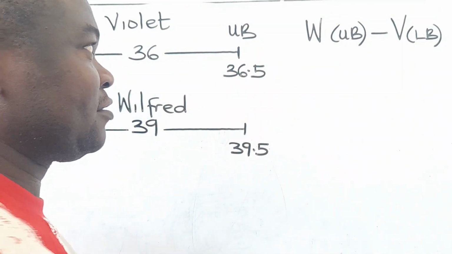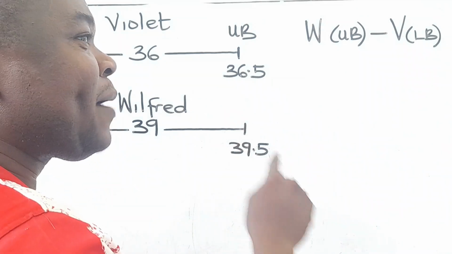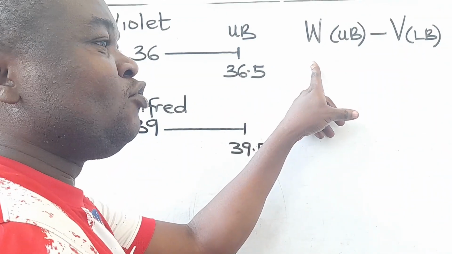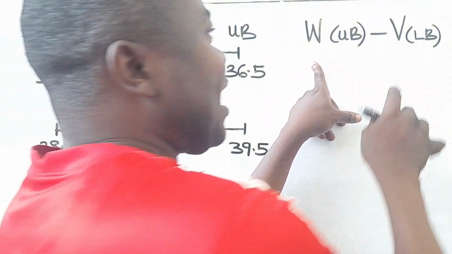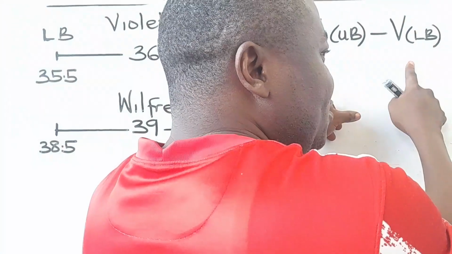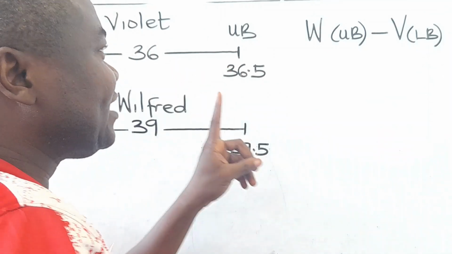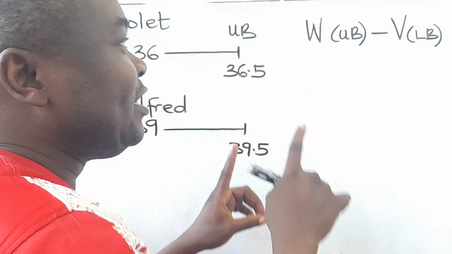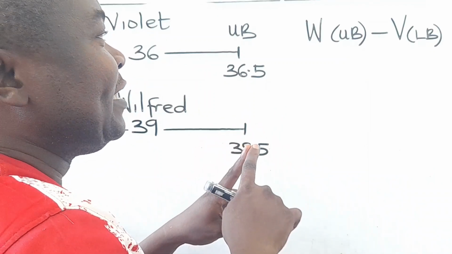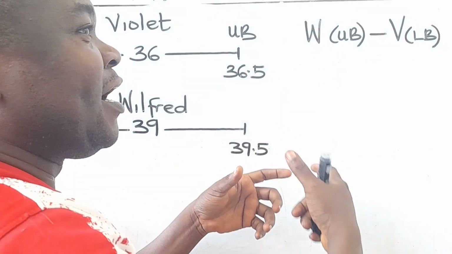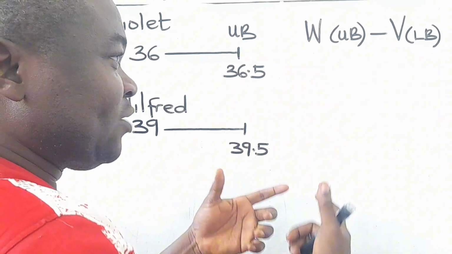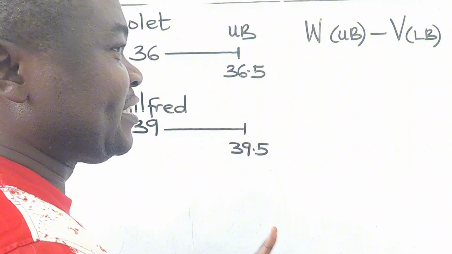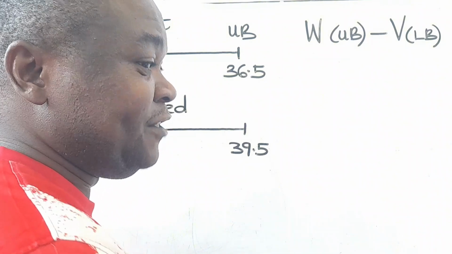Now, for the records, when you are asked to get the upper bound of their difference, for the first value you are going to take the upper bound, and for the other value, the lower bound. The same applies to the upper bound of the quotient. When I say difference, I mean subtraction. When I say quotient, I mean division.